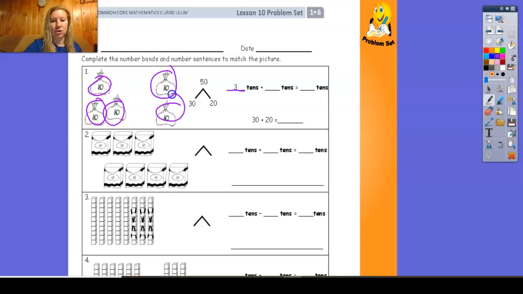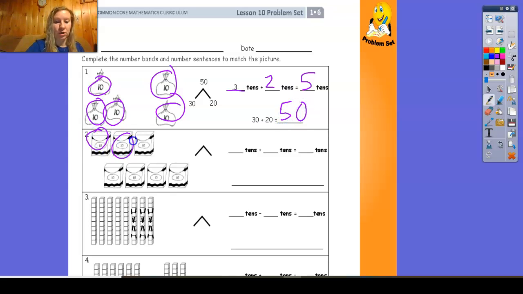And 1, 2 groups. We're going to write a 2 in there for 2 tens. So we have our 30, or 3 tens, and 20, or 2 tens, equals 50, or 5 tens. Okay, so 30 plus 20 equals 50.